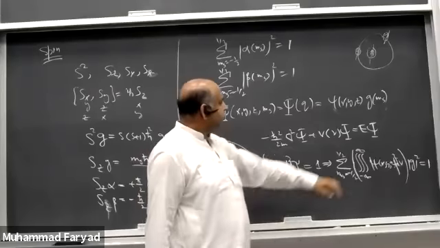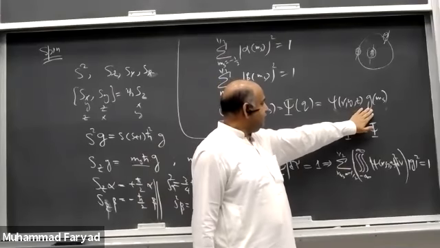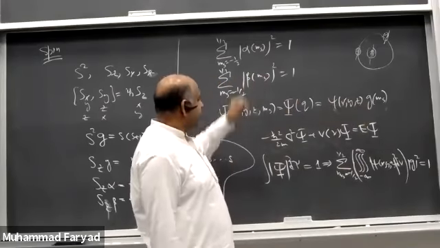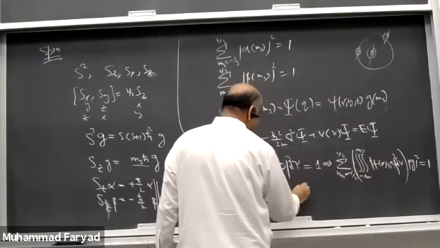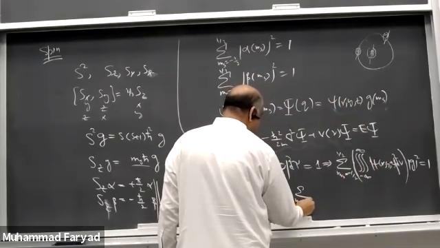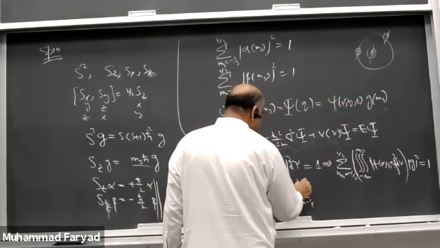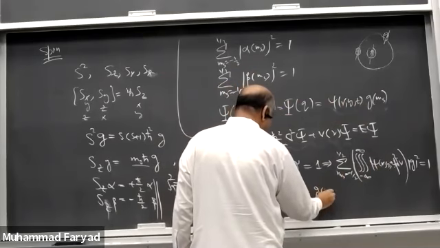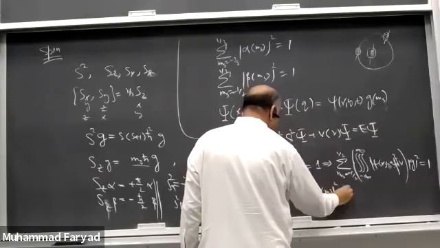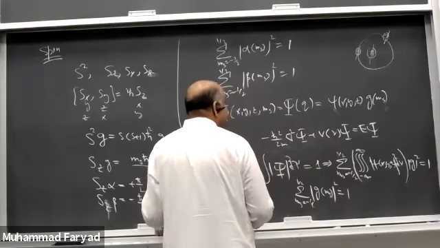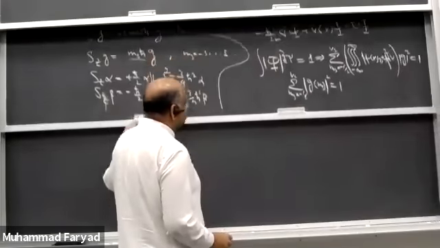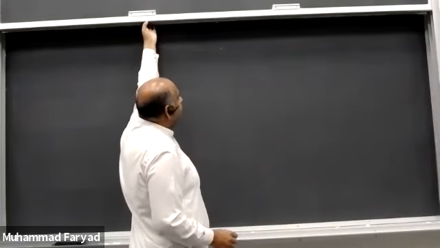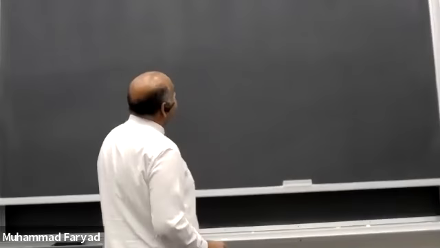In general, the spin can have both alpha and beta. So if this is one, then the spin part of the wave function should add to one. Let me write this G as a sum of two.